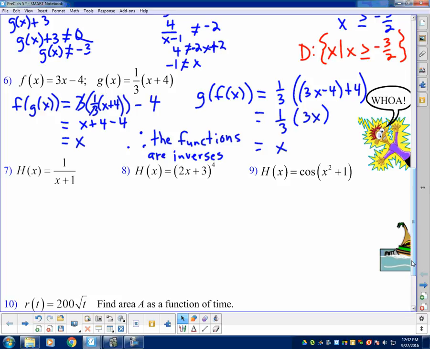So we want to start seeing these as composition of functions. What parent graph do you see here for h of x? It's 1 over x. So what's my inner function here?